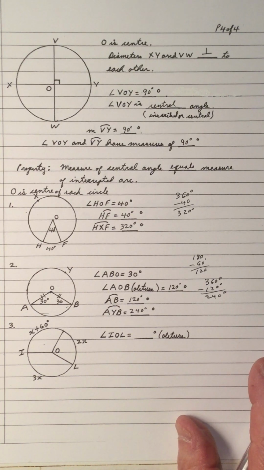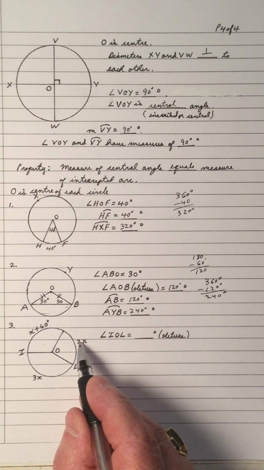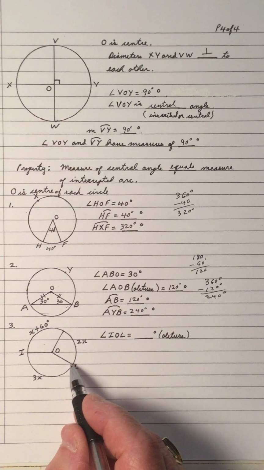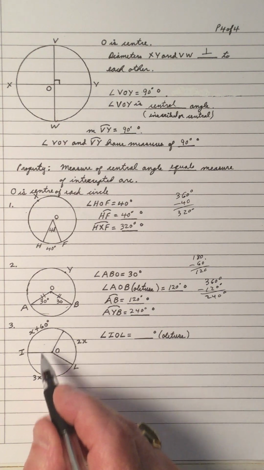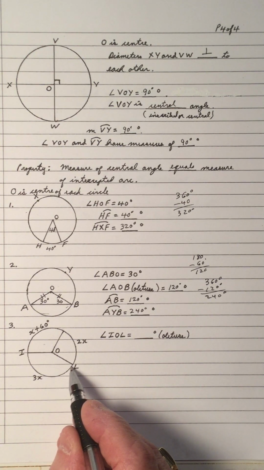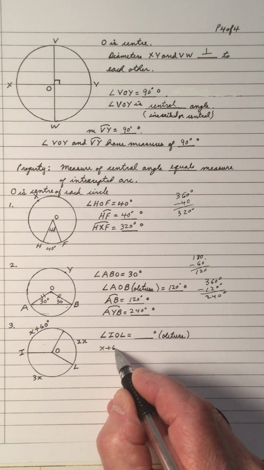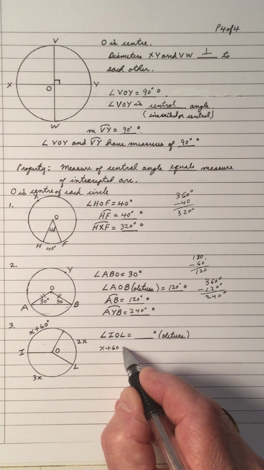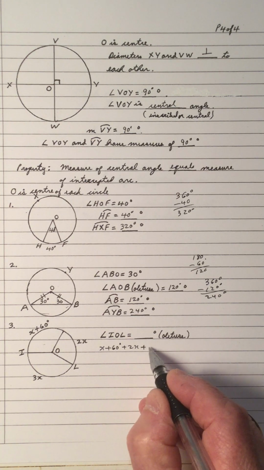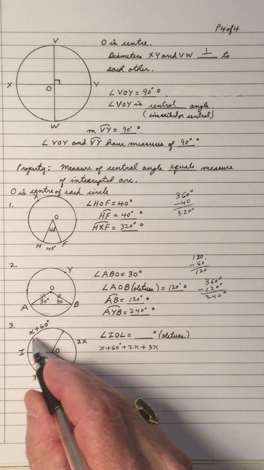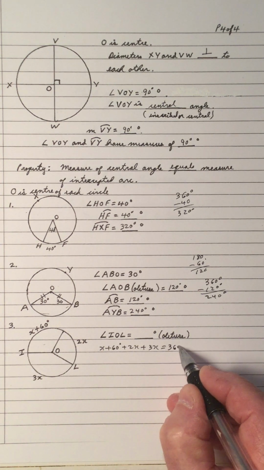Number 3, again, O is the center of the circle. This arc here is 2x. This arc right here is x plus 60. And this arc right here is 3x. If I add up all these arcs, they all add up to 360 degrees.